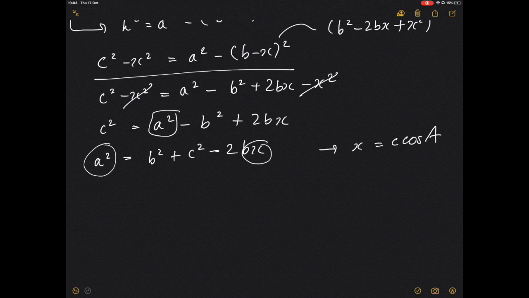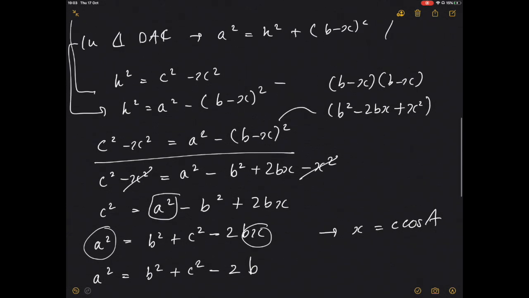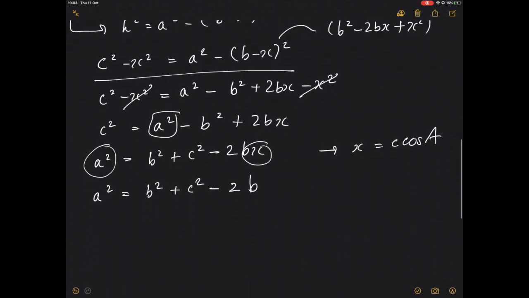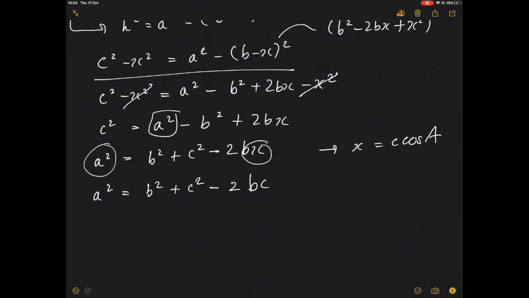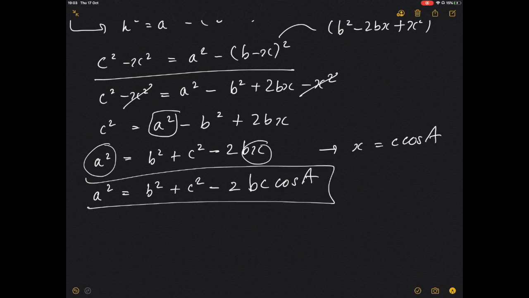Therefore, we can substitute this in and say that a squared equals b squared plus c squared minus 2bc cos A. So that is the solution to our first problem.